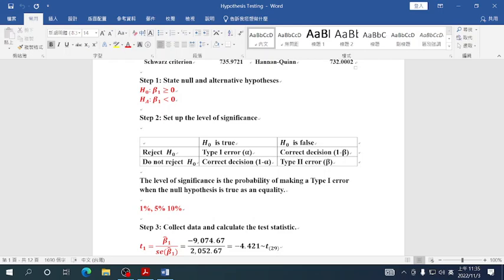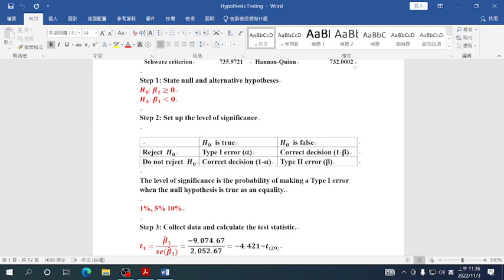One-sided for 5%. And what's the degrees of freedom? 29. Then what's the value of this one? 1.699, but I'm working with left-hand sided, less than 0. So what is the critical value? Negative 1.699. Understand what I'm saying here?